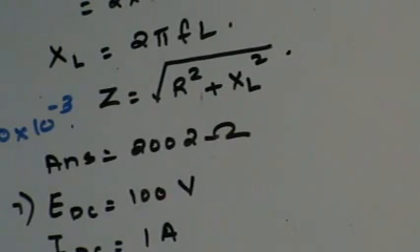When 100 volts AC of 50 hertz is applied to the coil, a current of 0.5 amps flows through it.